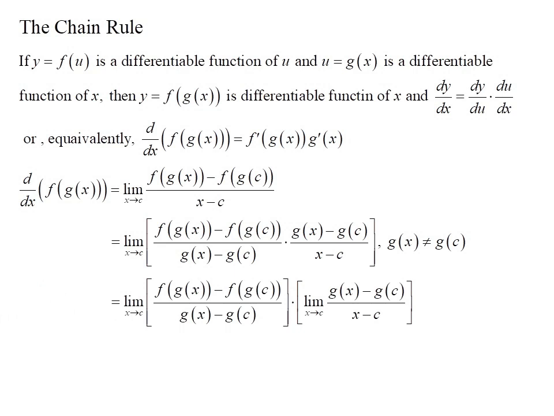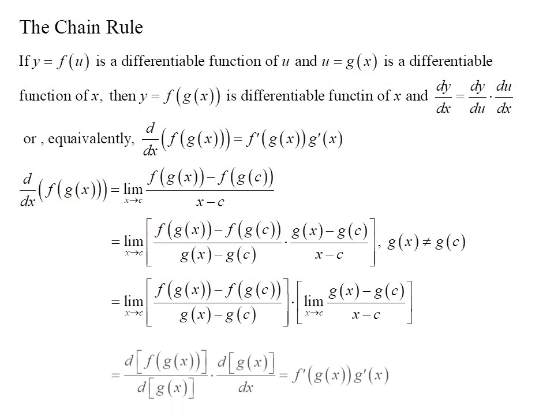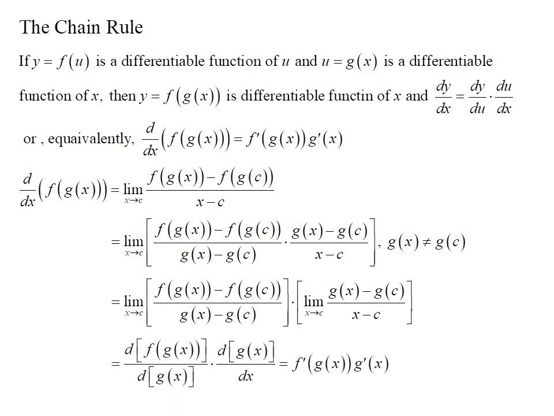Hence, the derivative dy/dx equals the limit of (f(g(x)) minus f(g(c))) over (g(x) minus g(c)) as x approaches c, times the limit of (g(x) minus g(c)) over (x minus c) as x approaches c. Hence, we have proved the chain rule.